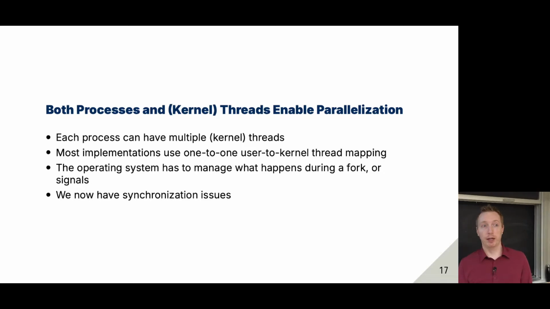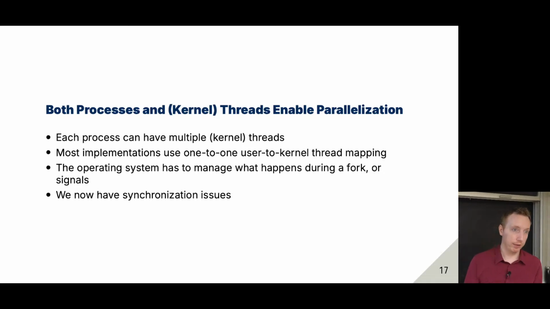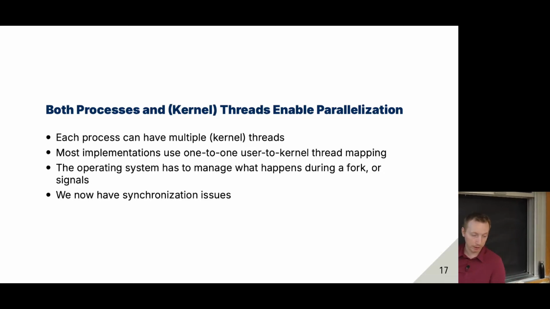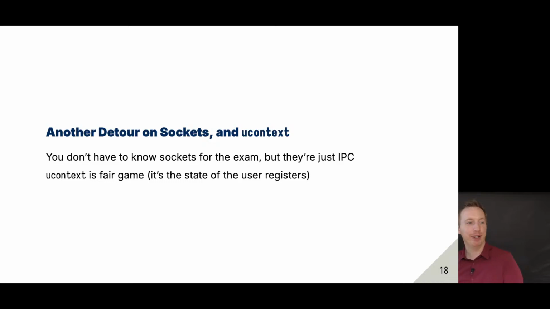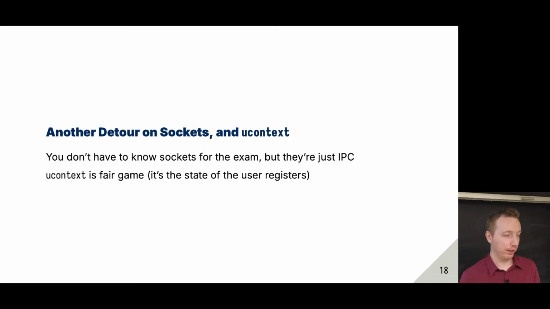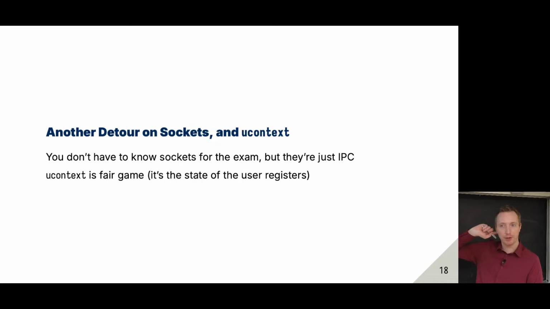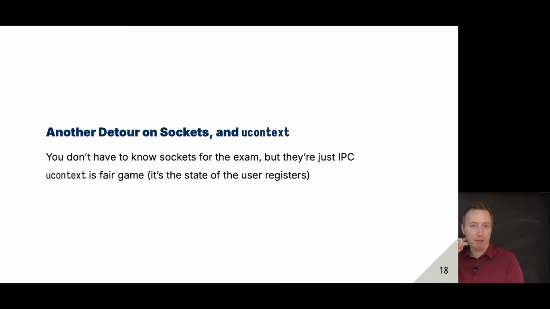So after we have threads, then we have synchronization issues. Biggest one being, oh wait, then we took another detour because I thought you needed a break. So we had another detour on sockets, and I showed you how to use a uContext. So you don't need to know sockets for the exam, but they're just IPC. Aside from the setup, which you would probably just look up anyways whenever you have to use them, you just use read and write system calls.